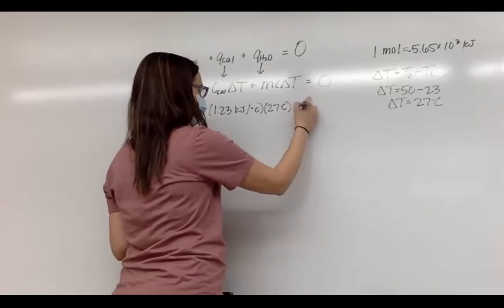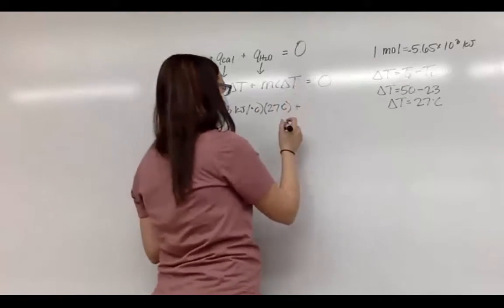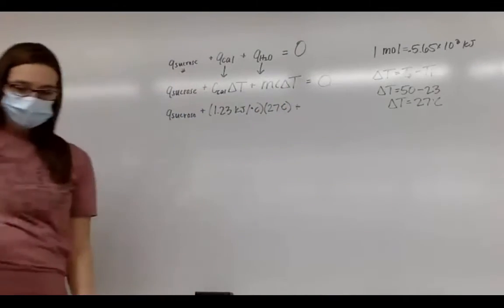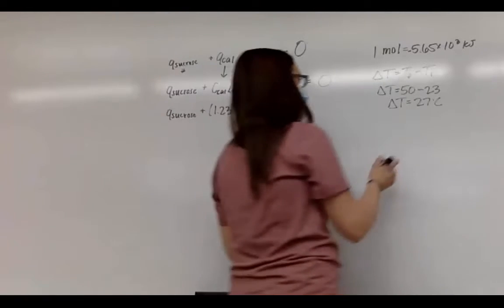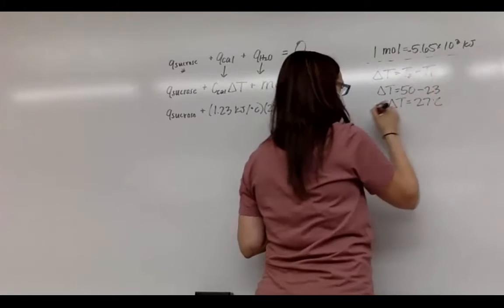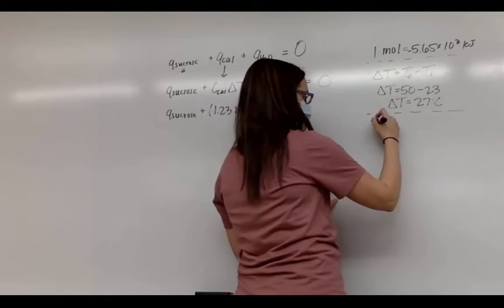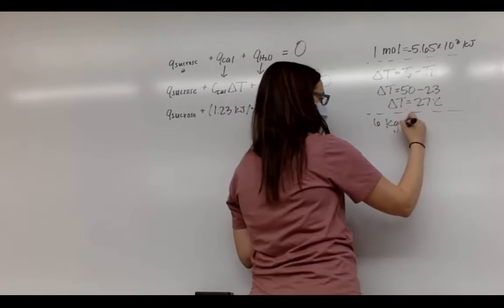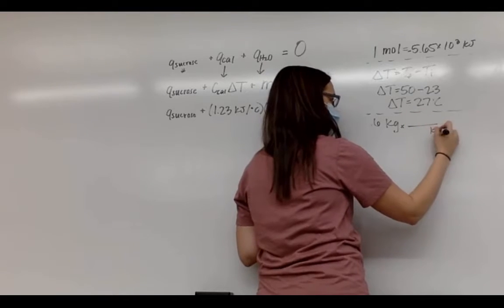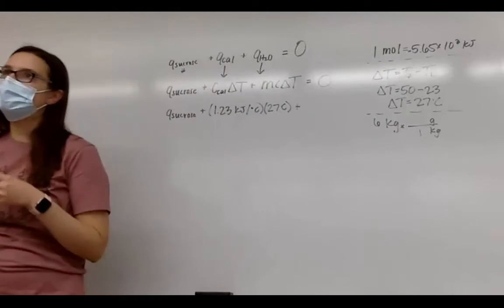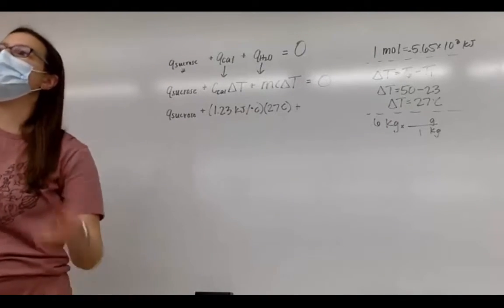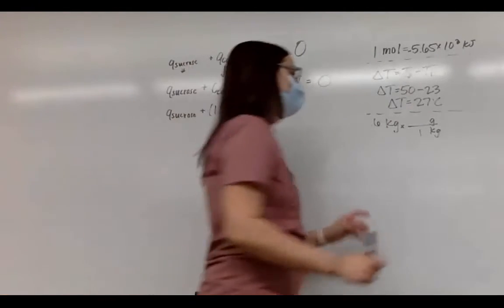Then we have MC delta T. And we have to be careful. They give us mass in kilograms. So I'm going to kind of separate. They give us the mass of water as 0.6 kilograms. It needs to be in grams to put into MC delta T because the specific heat of water is joules per gram degrees Celsius.